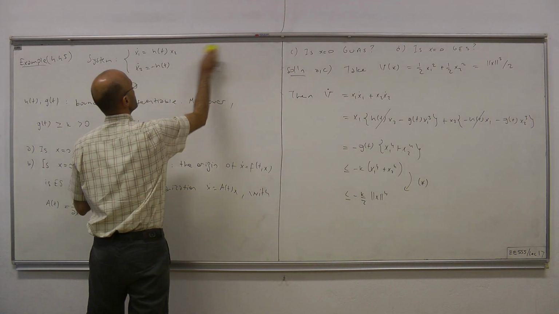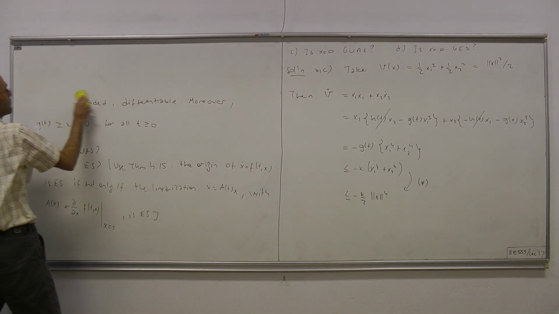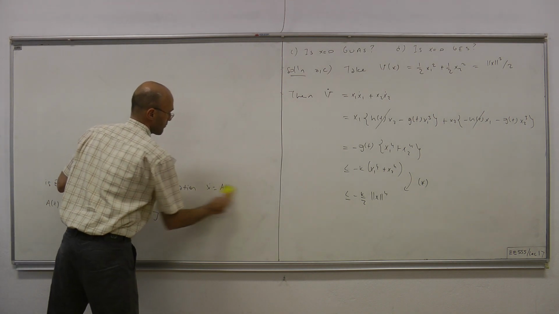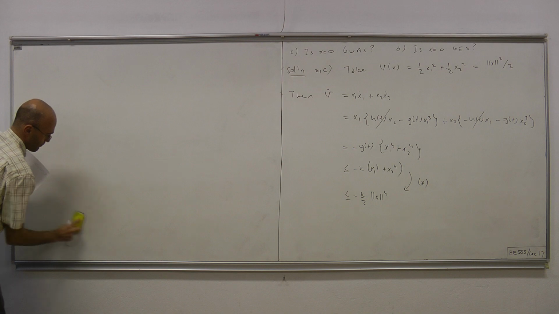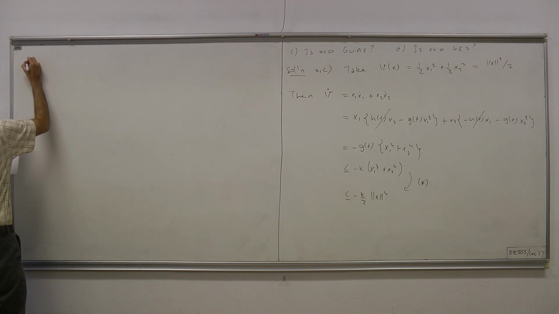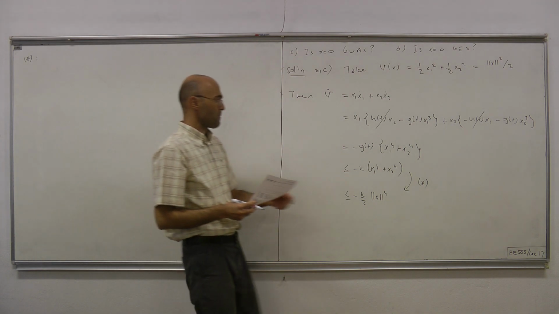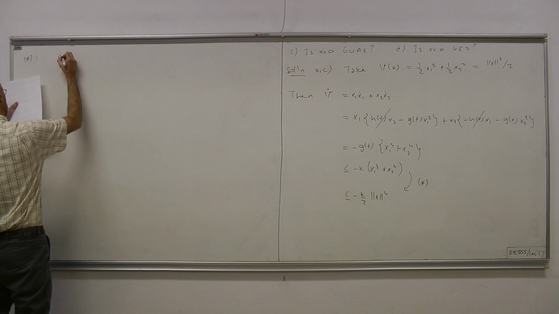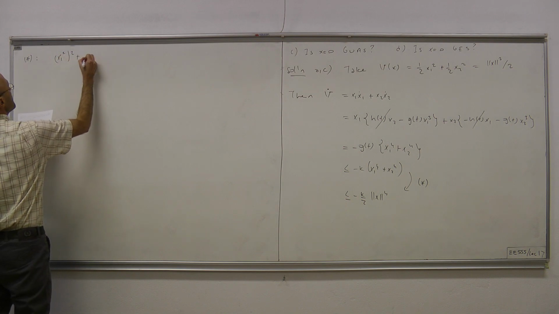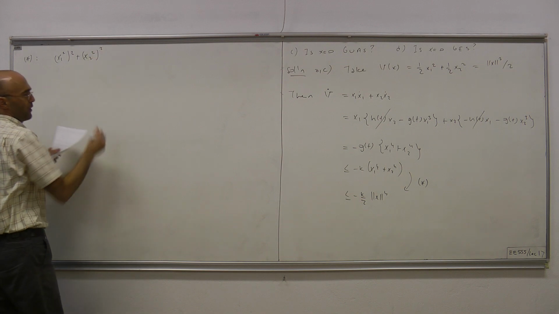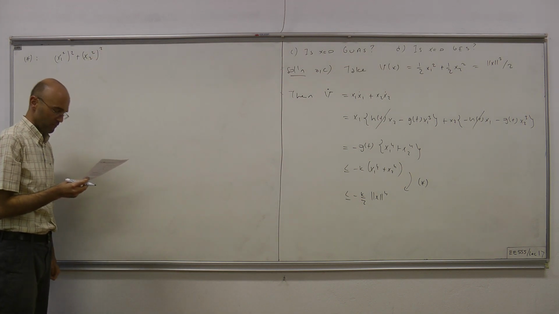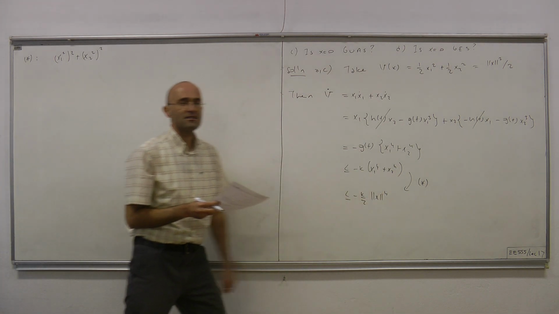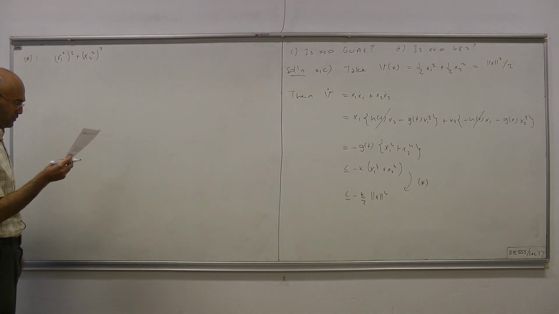Let me put them down here. Okay, here is the reasoning in this step, which we denote by star. So x1 square plus x2 square. Okay, so this is x1 to the 4 and x2 to the 4. x1 to the 4 plus x2 to the 4.